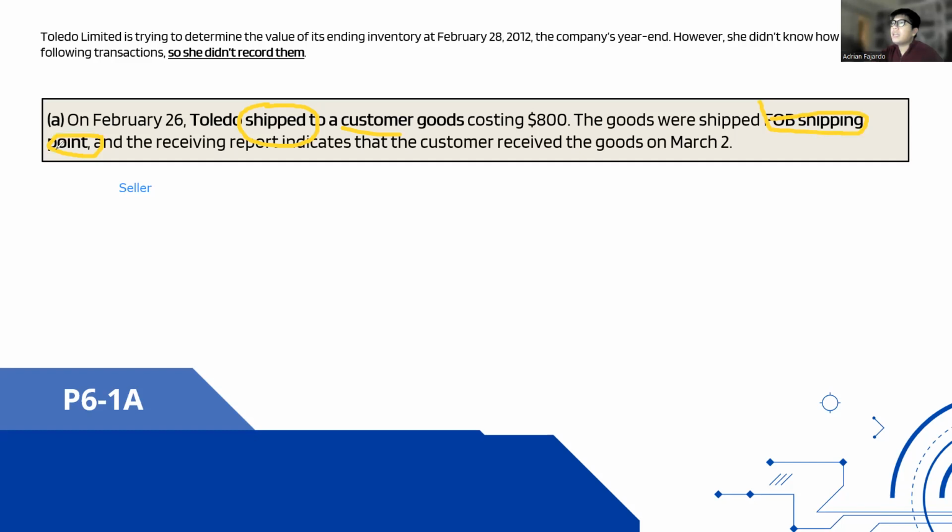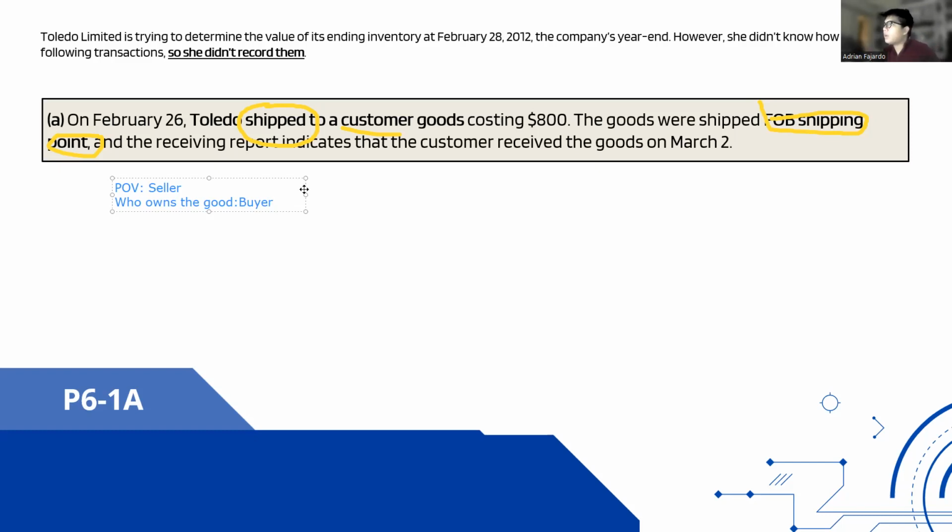So, our point of view is seller. Who owns the goods? Again, pag shipping point, BSP, buyer pays shipping point. So, who paid for it will own it. So, who owns the goods in transit? The buyer. So, do we include or exclude this?